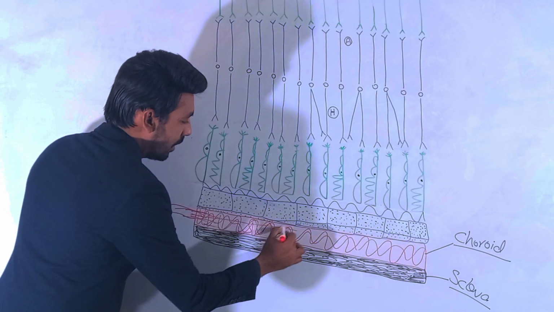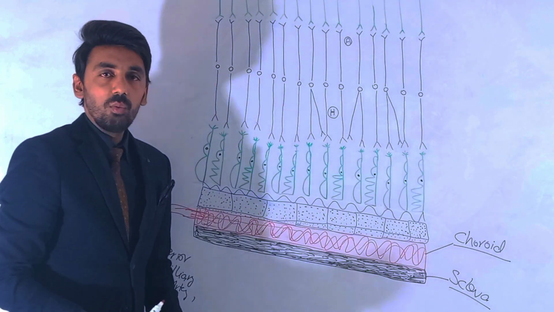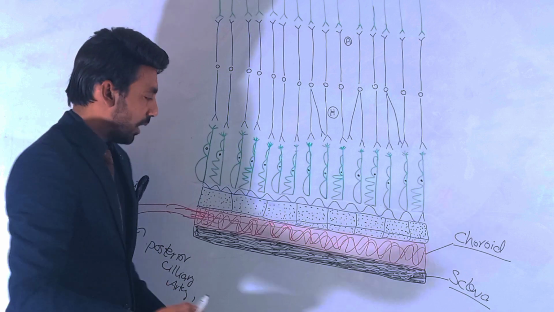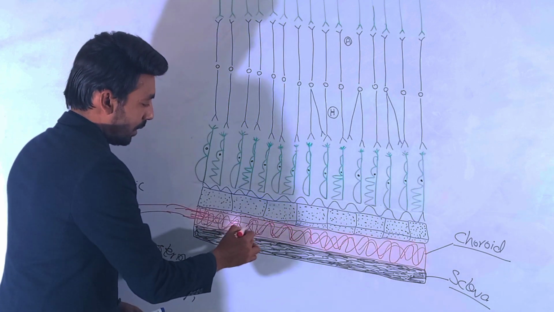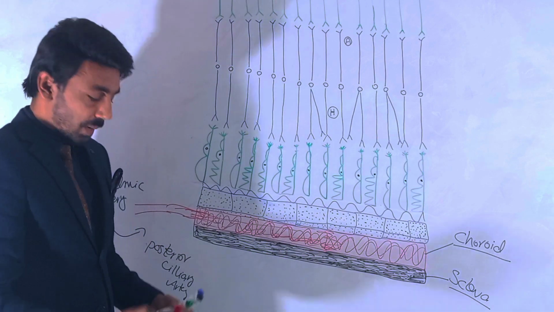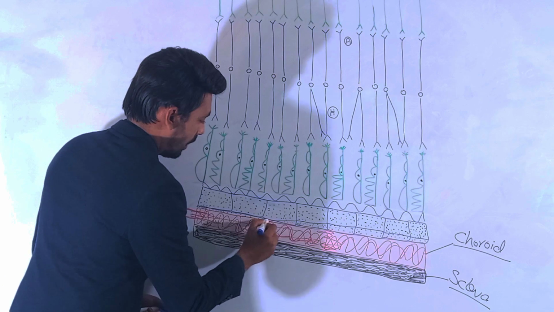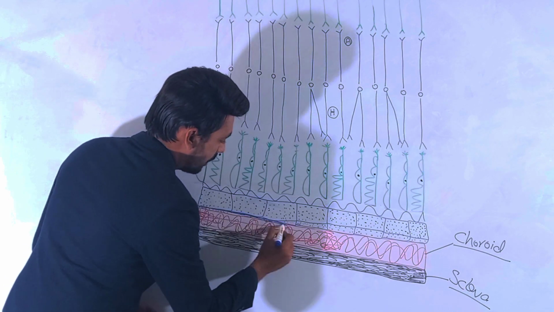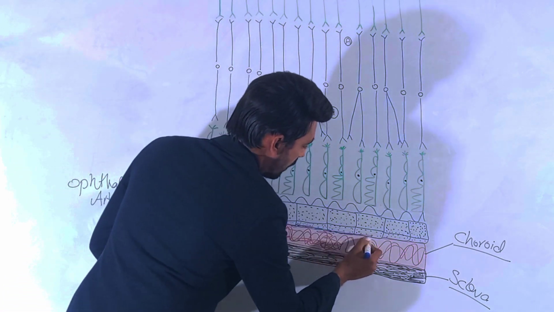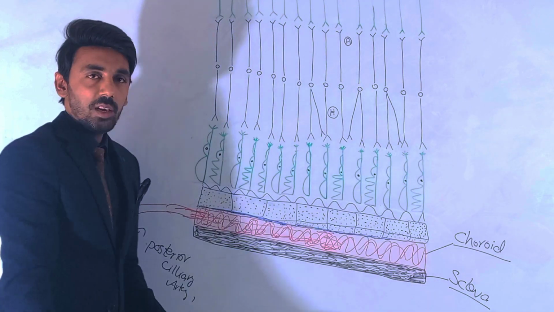You can say the capillaries in this choroid are leaky blood vessels. So the blood can freely move in the choroid. But there is a blood retinal barrier in the retinal pigmented epithelium.